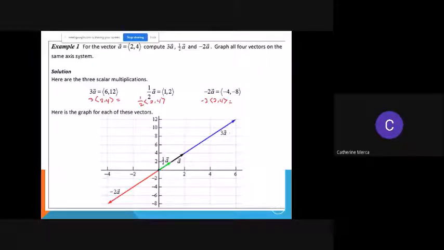But when you have negative 2A, it's in the opposite direction, and it is twice the magnitude of A.